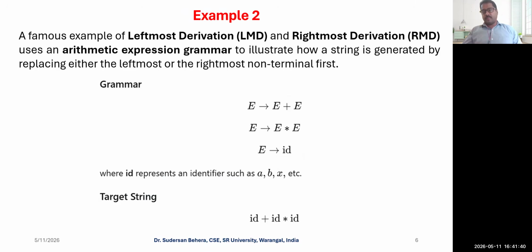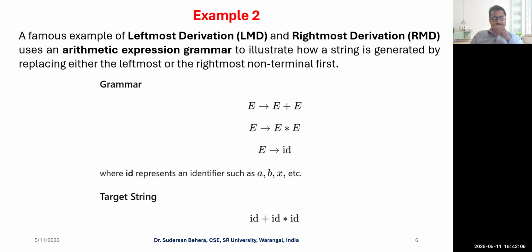For this grammar, the compiler or the syntax analyzer has been asked to generate the string, or to check the validity of the string ID plus ID into ID. That means the task given to the syntax analyzer is that this is the target string, and you try to generate it from the given grammar.